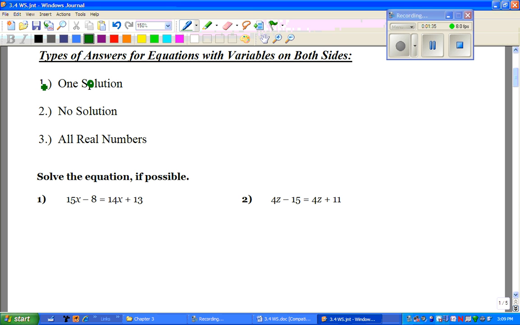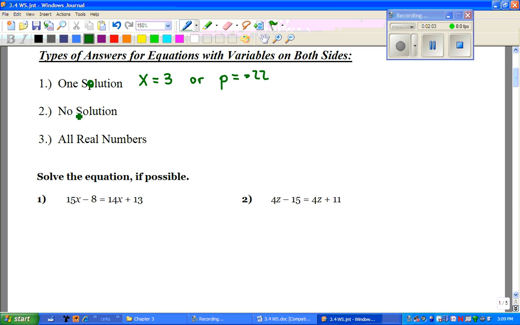For example, a one solution equation, you're going to end up with something like x equals 3, or something like p is equal to negative 22. You actually end up with your variable equal to some number where this solution, if you substitute it back into your equation, will make both sides of your equation equal to each other.